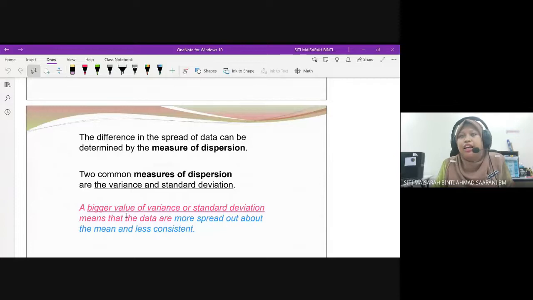Tapi kita nak compare, kalau dia punya sama, mean dia sama, kita akan compare variant ataupun standard deviation. Kita nak tengok yang mana lebih baik, kelas mana yang lebih baik. So jadi kita akan tengoklah kira variant dengan standard deviation. So kita akan pilih variant kelas yang variant dengan standard deviation dia lebih rendah ke lebih tinggi, lebih besar.